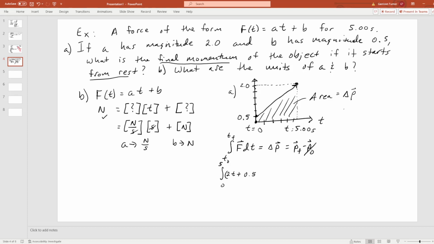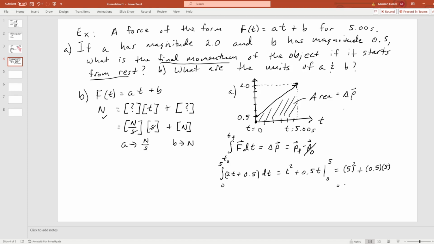I'm dropping the units for brevity's sake. So when I integrate this, this is going to be t squared plus 0.5t evaluated from 0 to 5. So this is going to be equal to 5 squared plus 0.5 times 5.